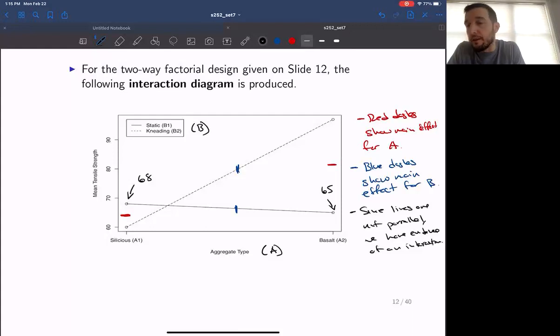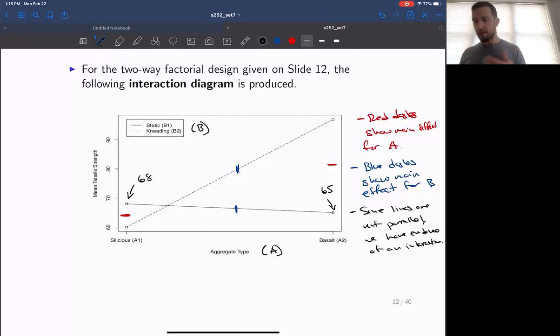Or sorry, it will be very similar to how a one-way ANOVA or a CRBDF test unfolds. So basically, we'll construct an ANOVA table and we'll have a set of hypothesis tests that fall out of the ANOVA table. The interaction diagram is kind of like a pre-check of the system that allows us to determine whether or not we would expect there to be a significant difference across the levels of each factor or between the treatment combinations.